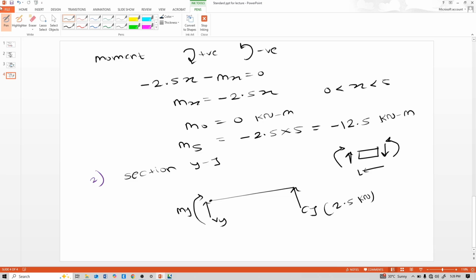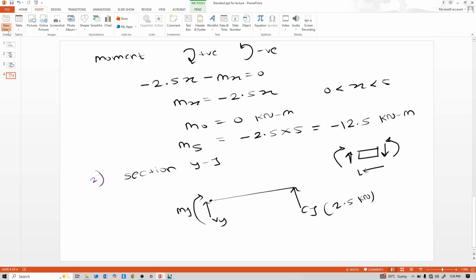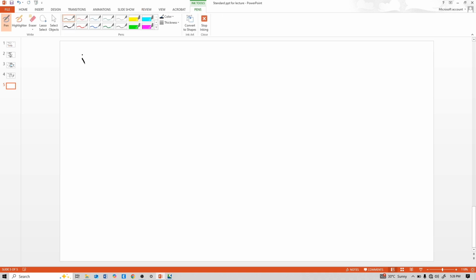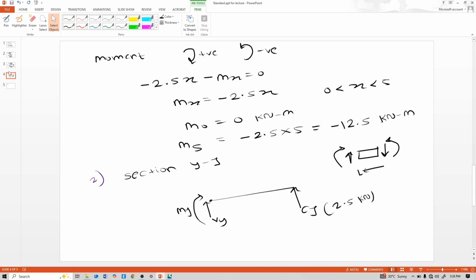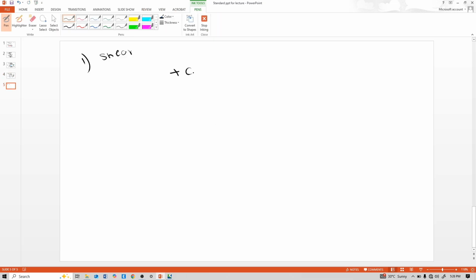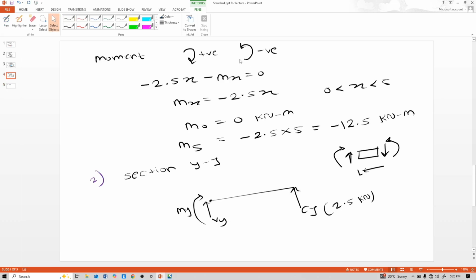So take shear. So shear is plus Vy plus Cy. Upward forces are positive and downward forces are negative. Plus Cy plus Vy equal to 0.